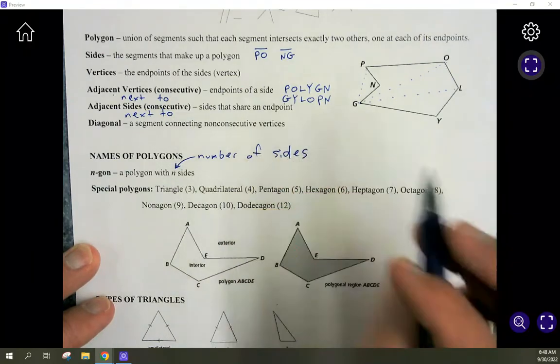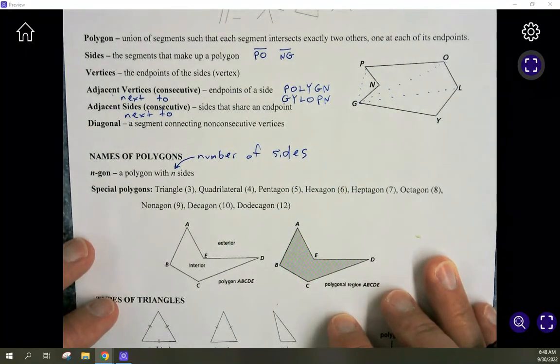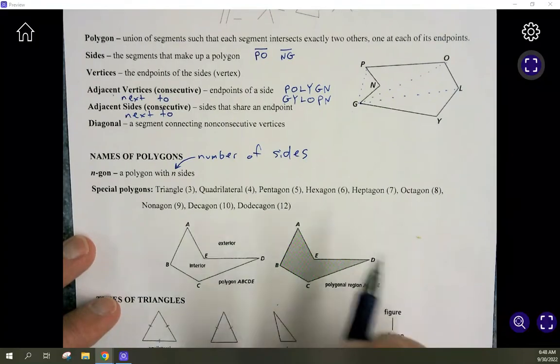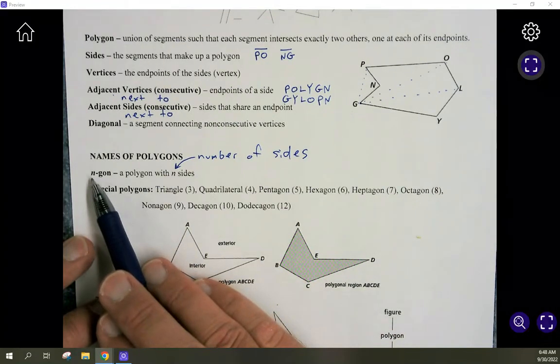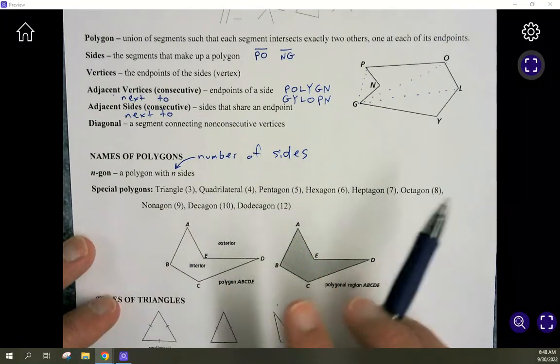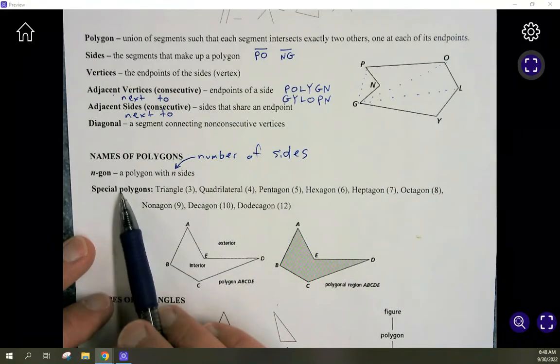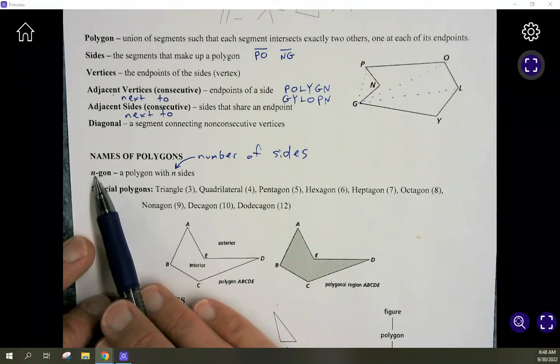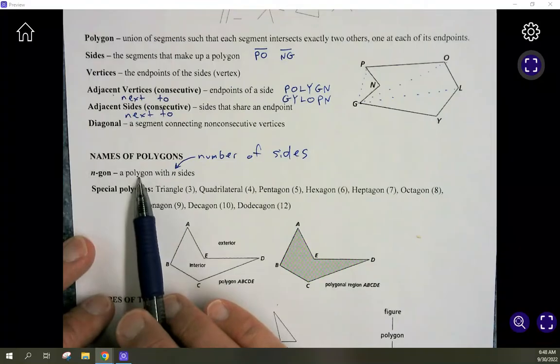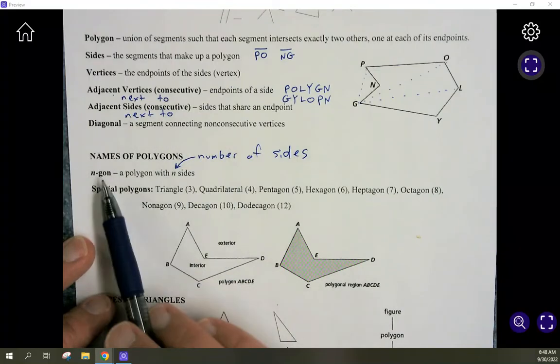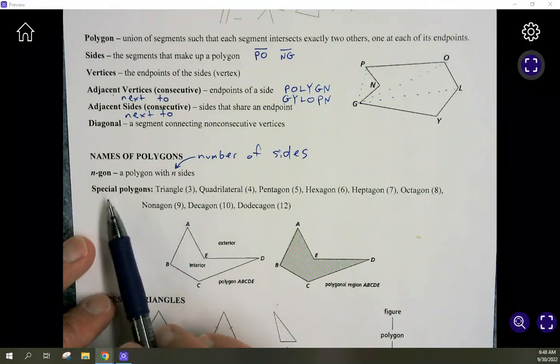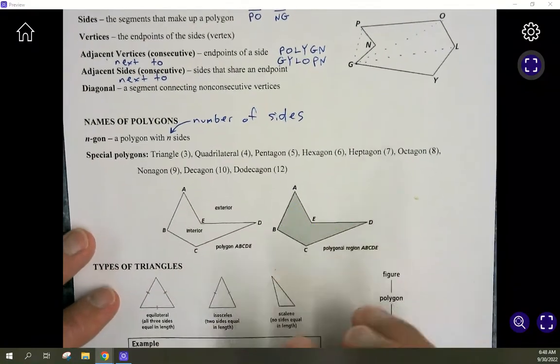And so if they're not telling you how many sides there are, it might be something you have to figure out in that problem. They're going to call it an n-gon. And so the first time you see that, that just looks weird and you're like, what's an n-gon? So that's just a variable. We don't know how many sides. We know it's a polygon. It's got multiple sides connected at the endpoints. Okay, but we don't know what it is. So that's the variable.